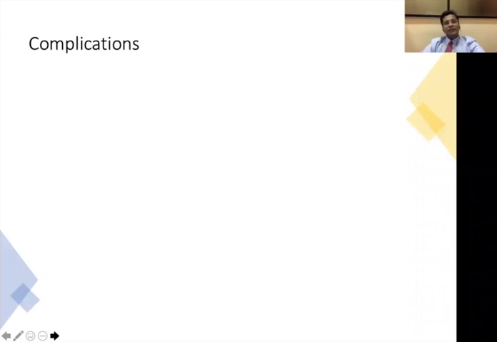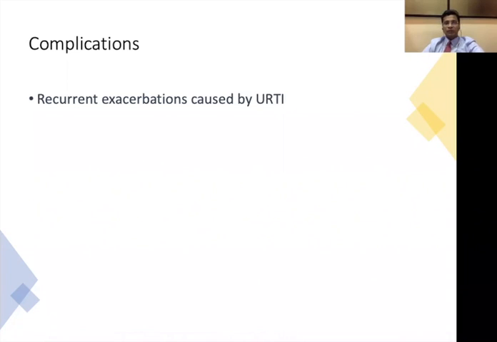What are the complications of COPD? One of the predominant complications is recurrent exacerbations caused by upper respiratory tract infections, like in asthma.